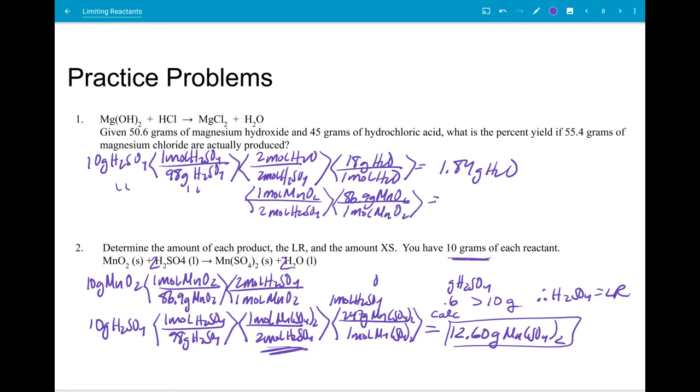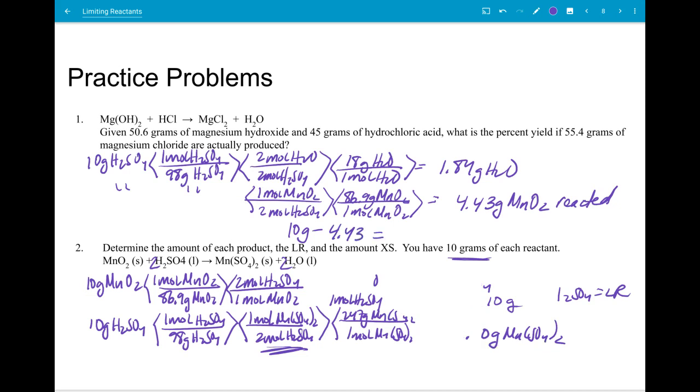That will help you in making sure you haven't made a mistake. So then our excess is going to be, we had 10 available, minus 4.43. So that's about 5.57 grams of MnO2 in excess.